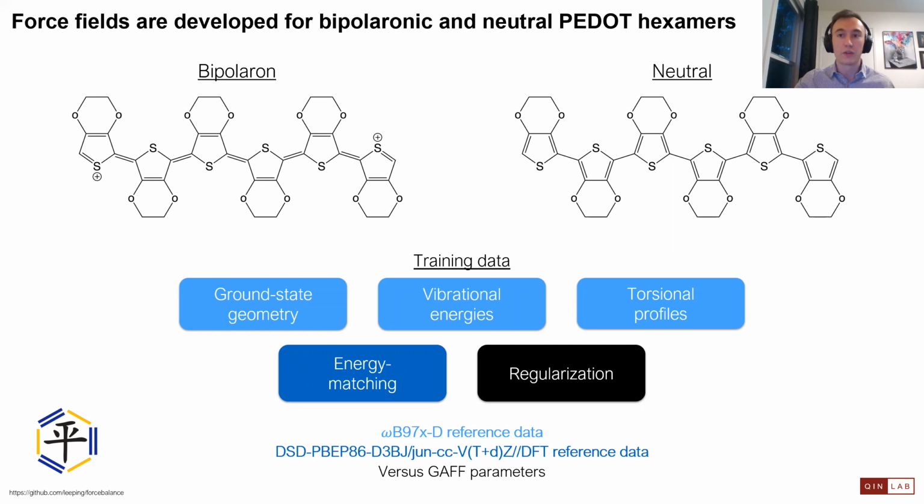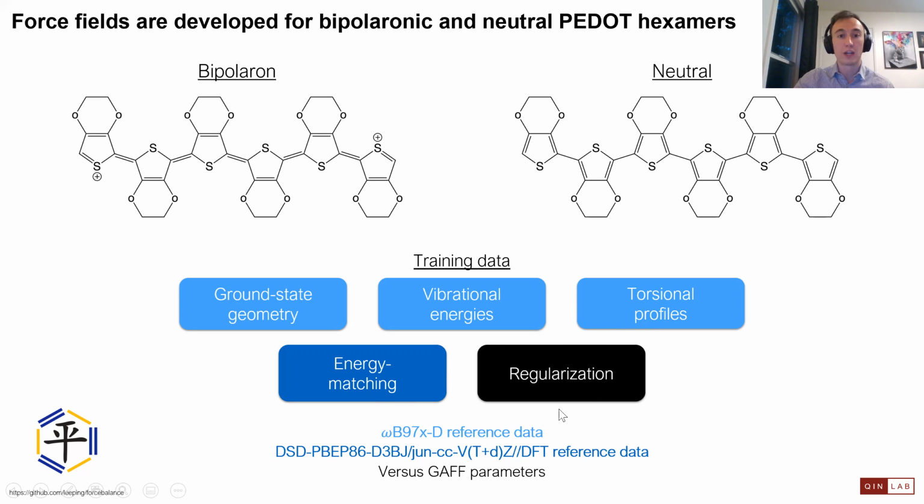And we're fitting a variety of training data, displayed here at the bottom of the slide. We have the ground state geometry, vibrational energies, and torsional profiles of molecules, as well as some energy matching data, which I will explain later, and this regularization parameter that penalizes any deviation away from GAFF parameters so that we can maintain a bit more interpretability in our final result.